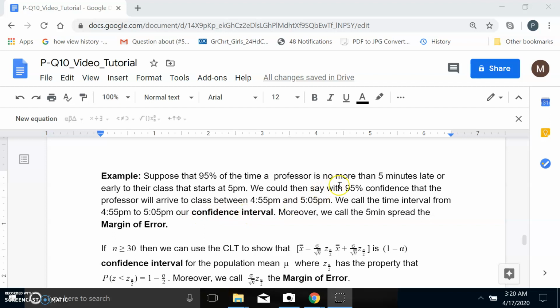So we can say with 95% confidence that the professor will show up to class between 4:55 and 5:05.